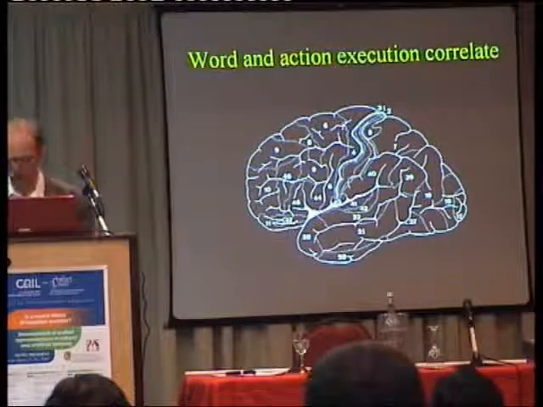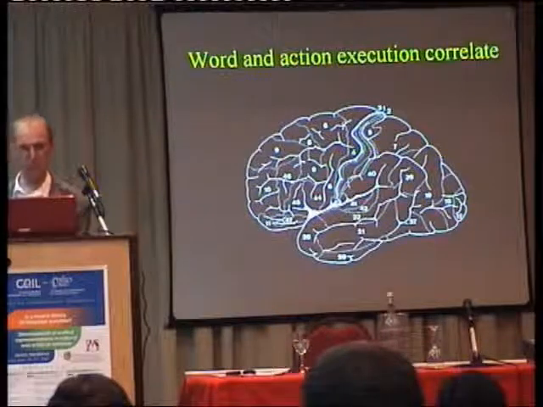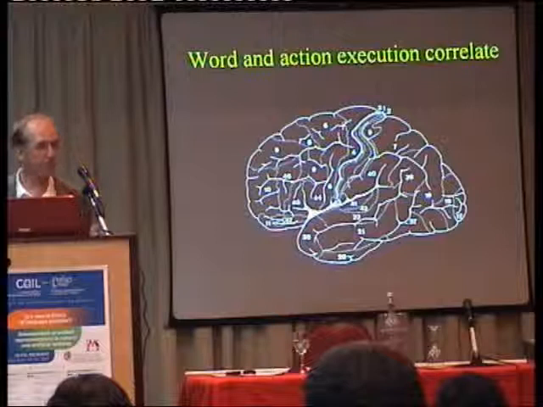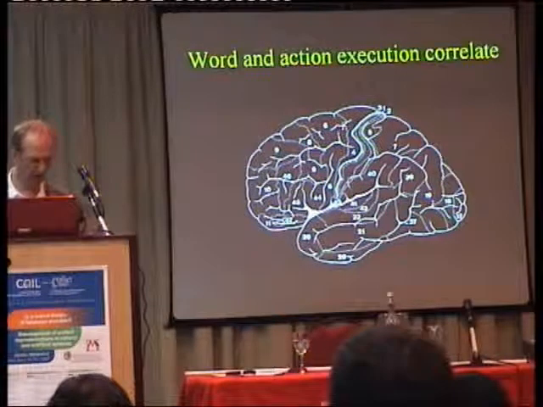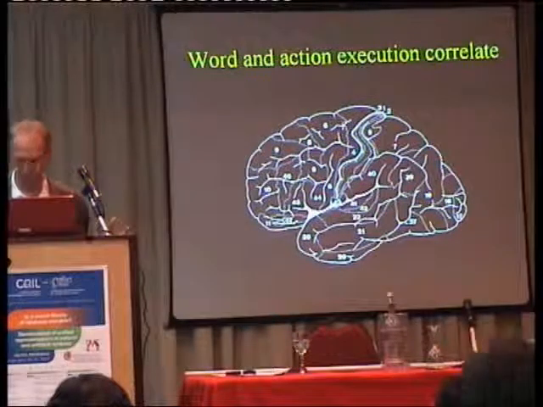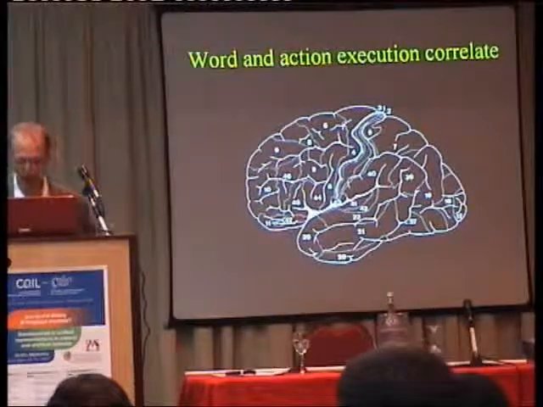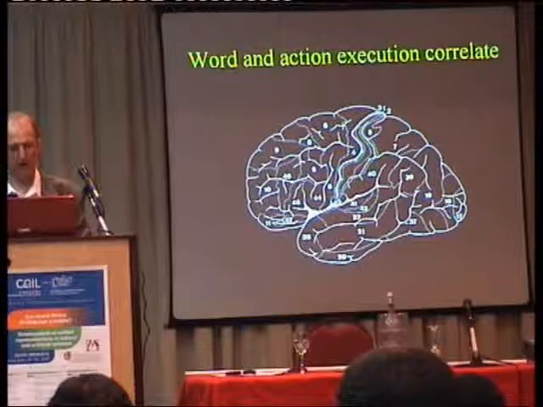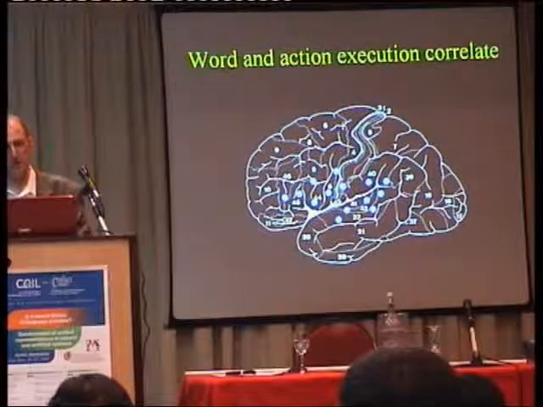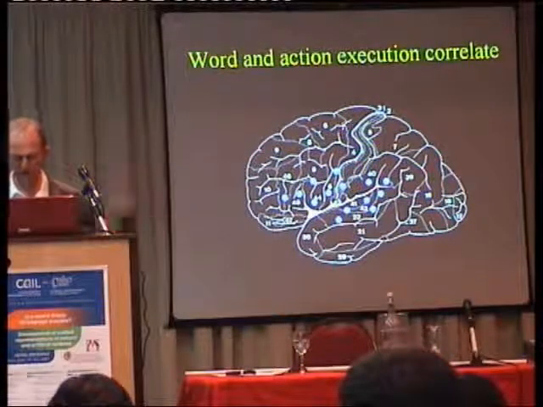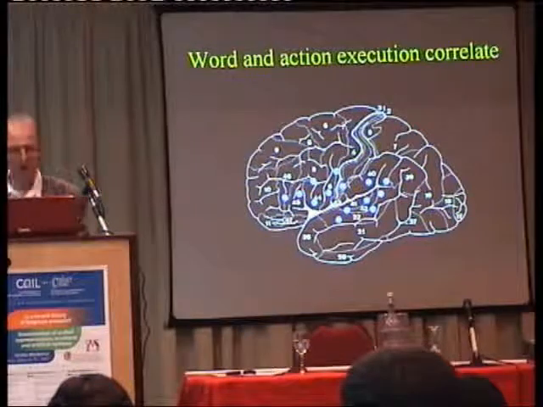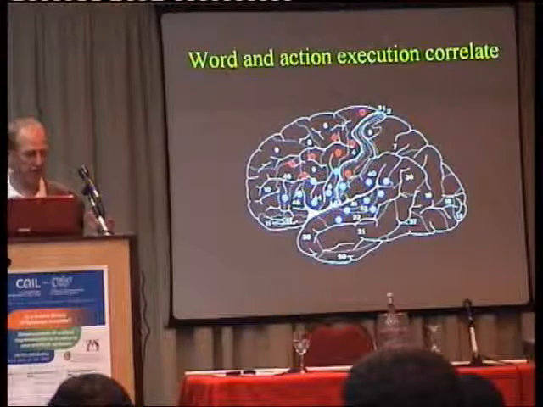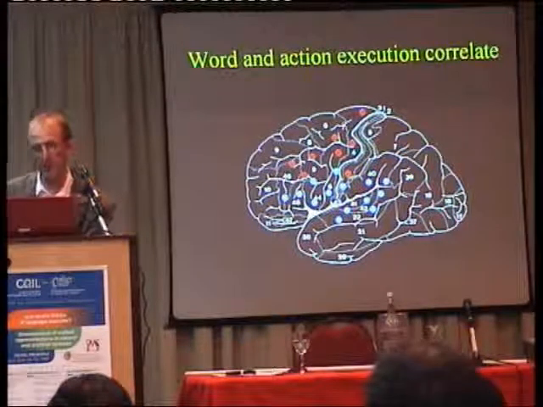Now, not all words obviously refer to objects in the world. Others refer to actions, and in this case the situation might be slightly different, because as Art explained with very nice examples, the child may actually do the action while he or she hears the word being uttered by the adults. So in this case the situation is this: perisylvian activation for the hearing of the word form, and also some activation of the motor system, because the particular action is being carried out.